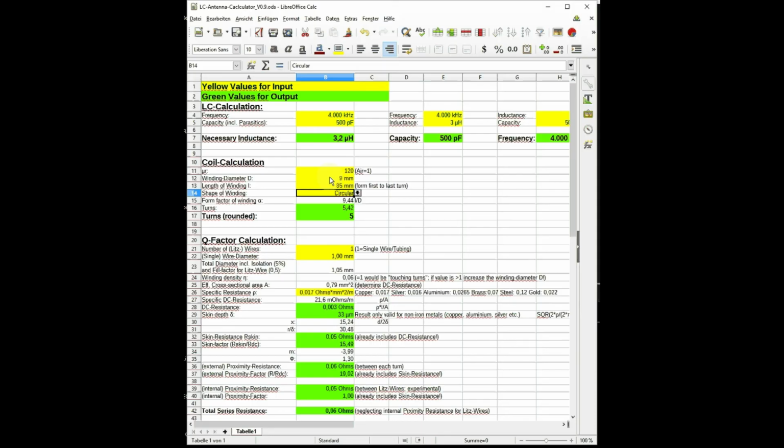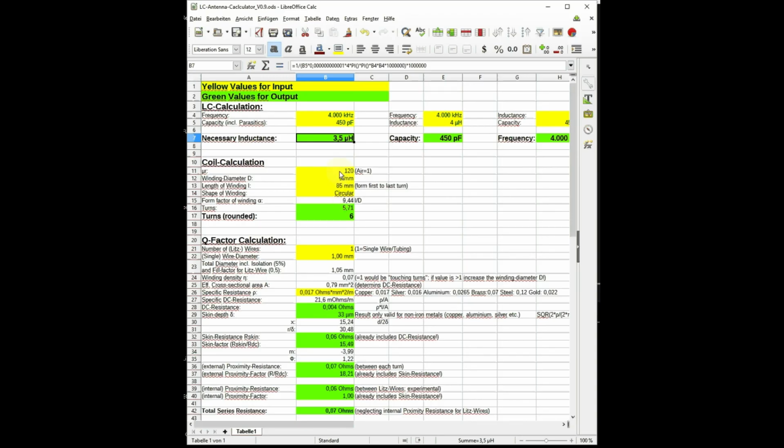In fact, let's twiddle around a little bit with the numbers to get somewhere near the value that we seek. Now we have a target inductance of 3.5, which is quite near to the measured value 3.4, and therefore we would need 5.7 turns.